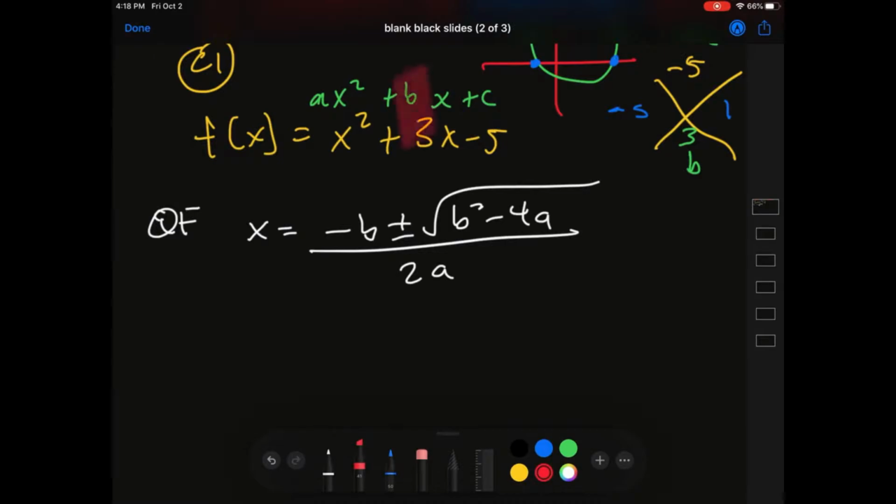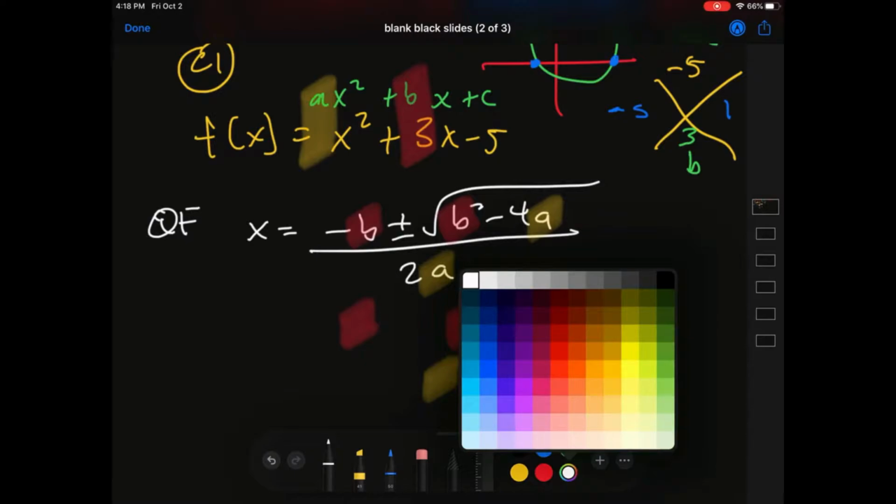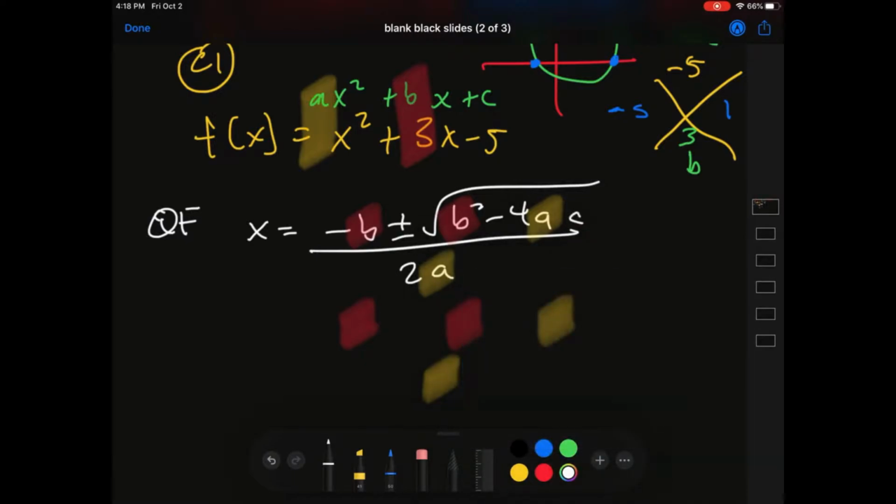The b value is positive 3, so we're going to put that here and here. The a value, there is none right there, so that is a 1. So I'm going to put it here and here. And I forgot something. I forgot my c value here, and that one is negative 5. Okay, let's substitute all those numbers in.